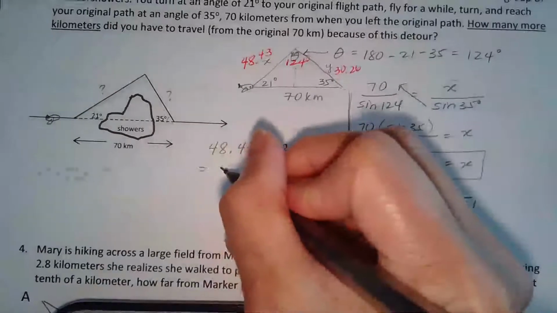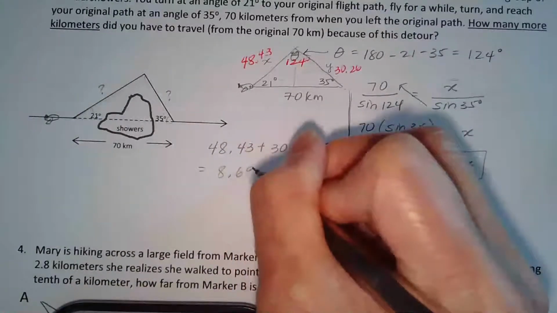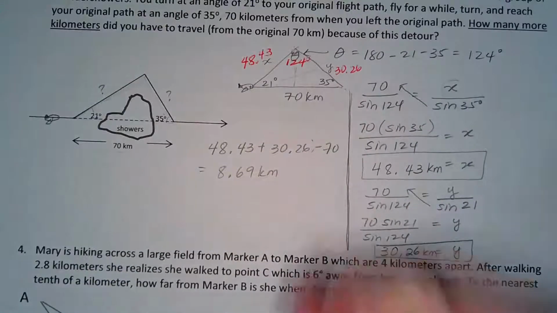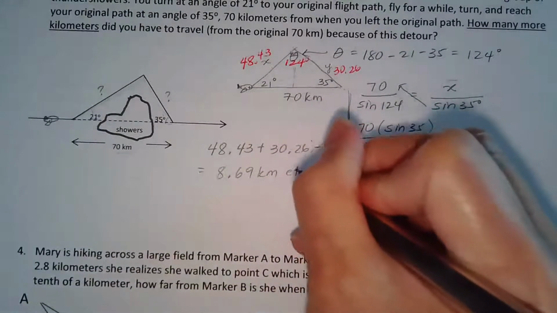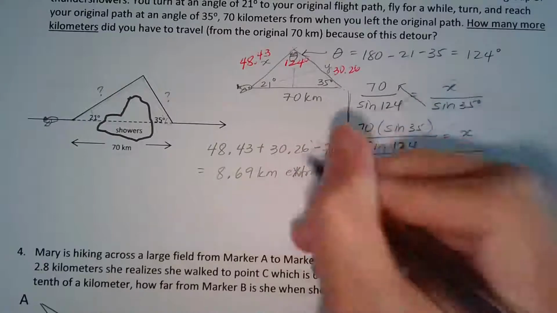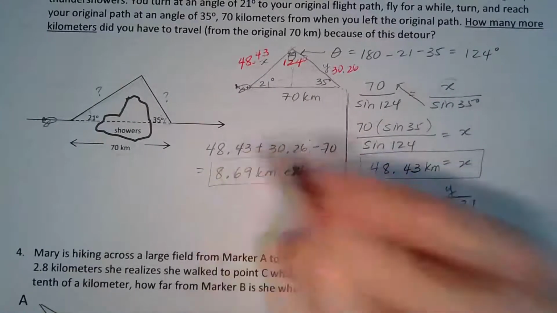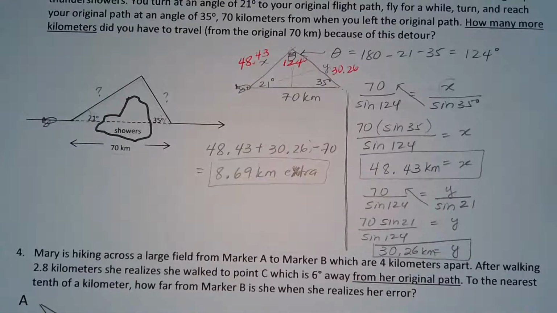So the extra travel is 8.69 kilometers. There we go, that one's okay.